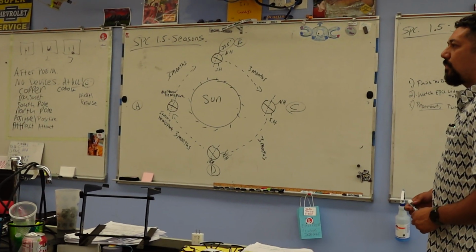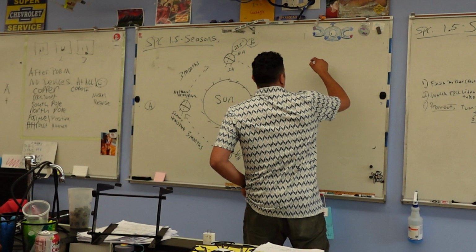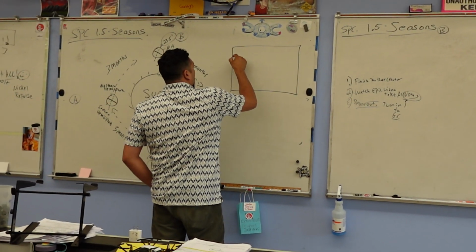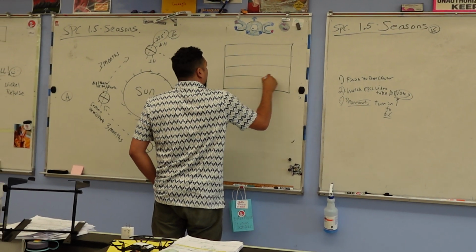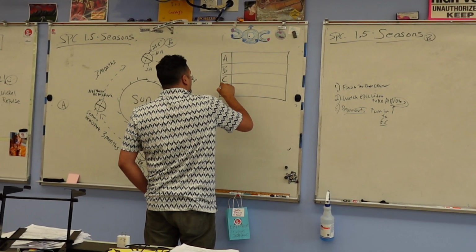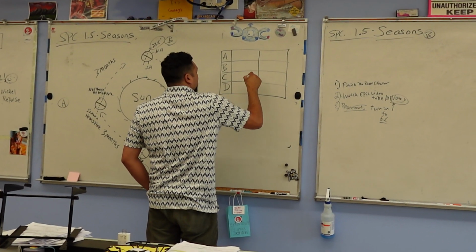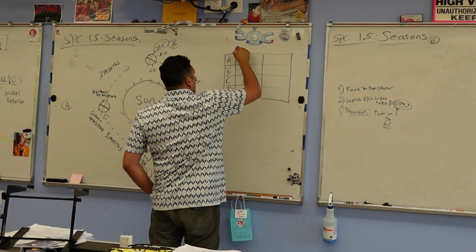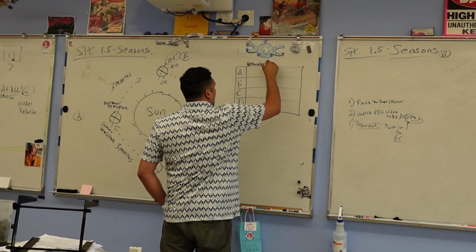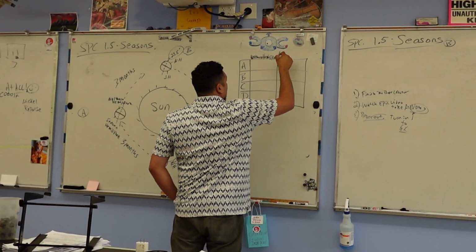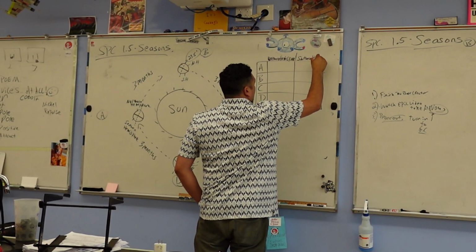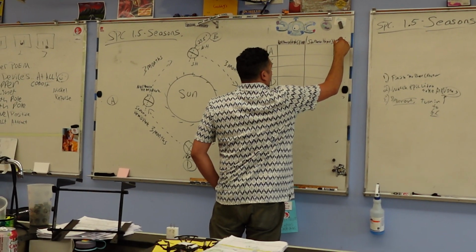Okay, let's make a table. Let's make the table go 1, 2, 3, 4 rows. Let's label each row A, B, C, and D. Let's split these into 2, and let's go northern hemisphere, southern hemisphere.